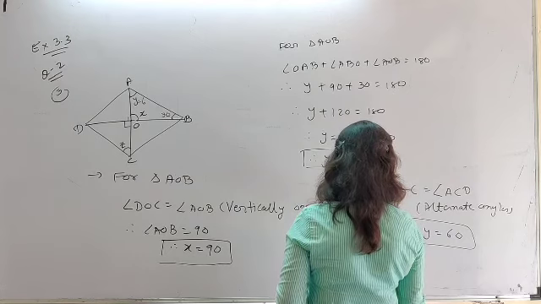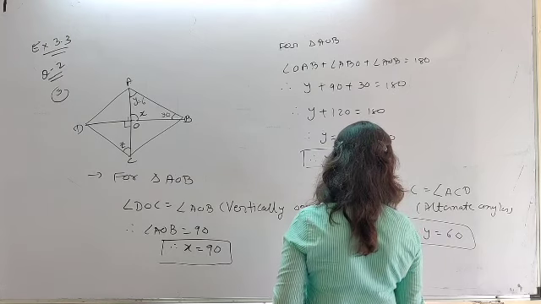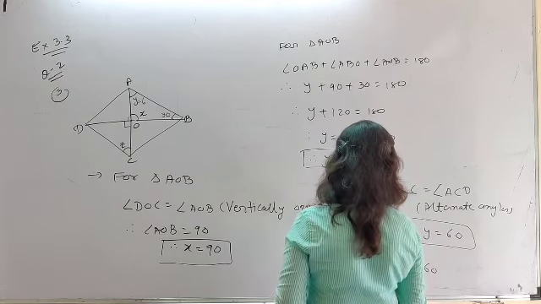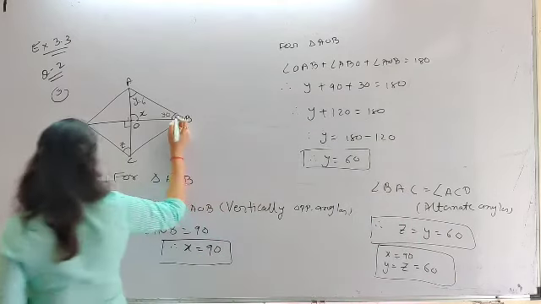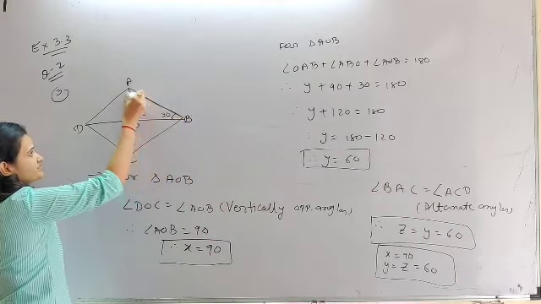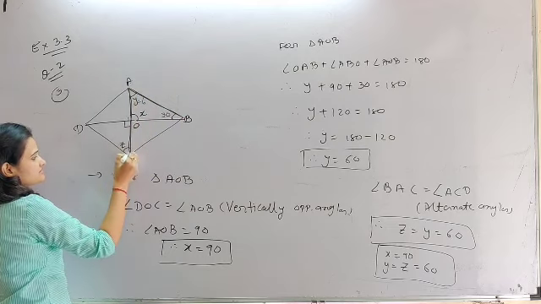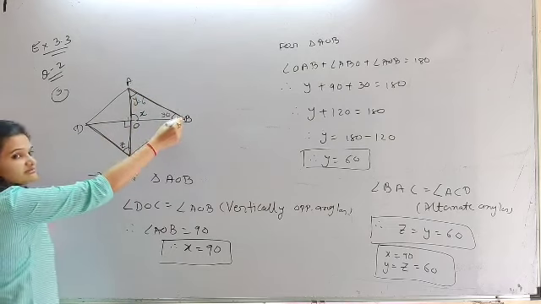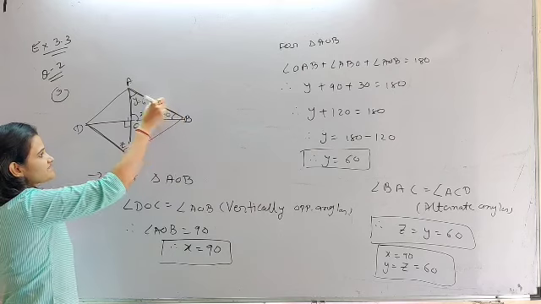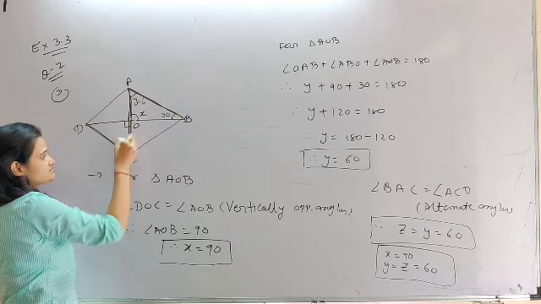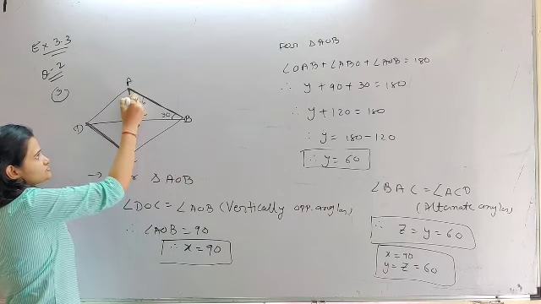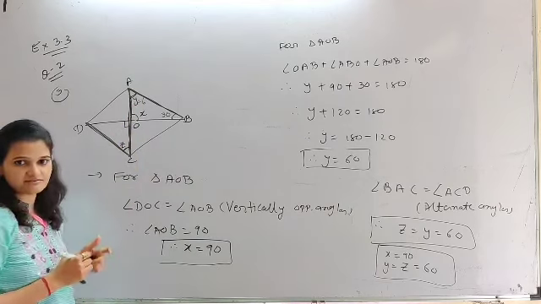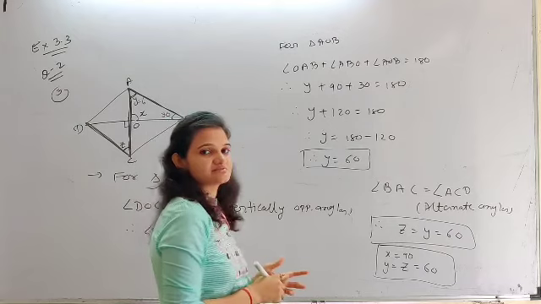Thus x is equal to 90, y is equal to z is equal to 60. Now you may ask, madam, how did you take it like this? Here, CD is parallel to AB, so this whole angle becomes z. See, BAC is same as ACD, so y is equal to z. Clear? Copy this.